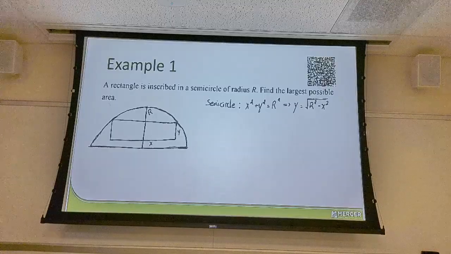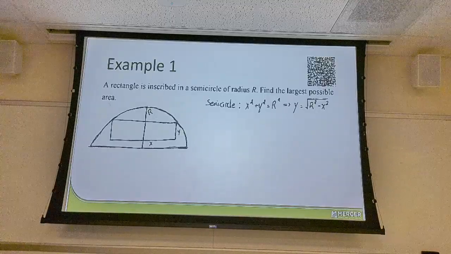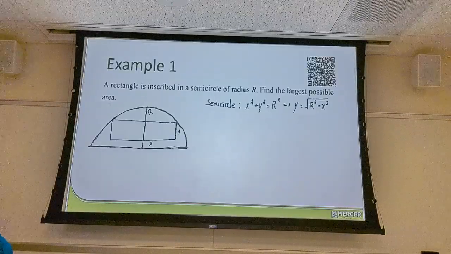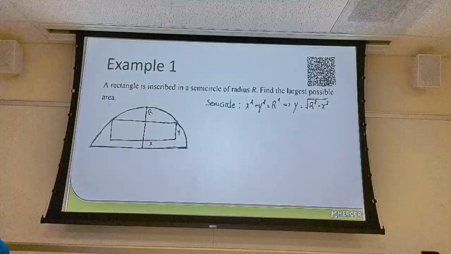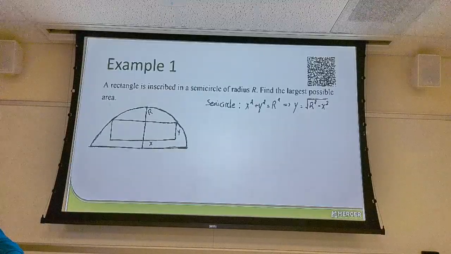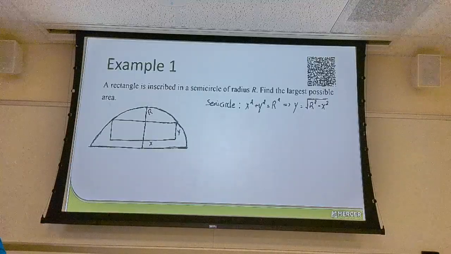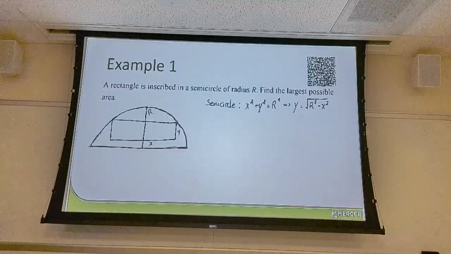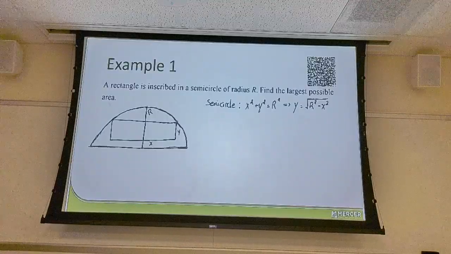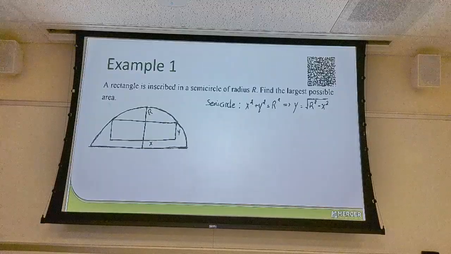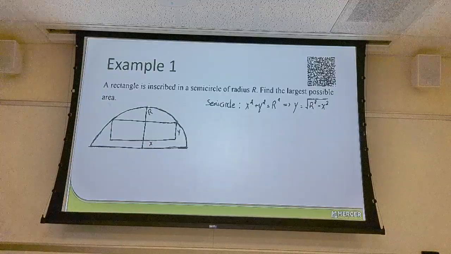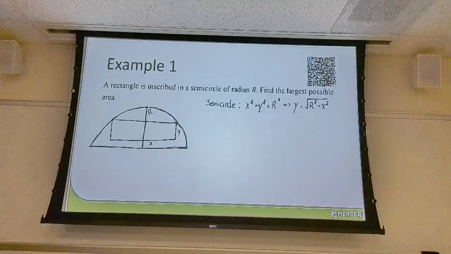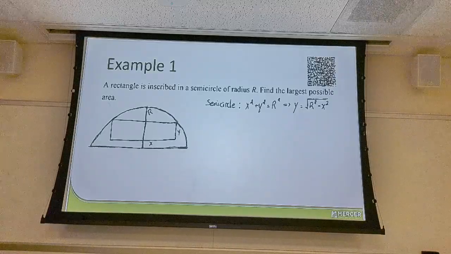So we know that y is the square root of r squared minus x squared, right? Now, notice what I'm doing now. I'm measuring x from the center of the circle.